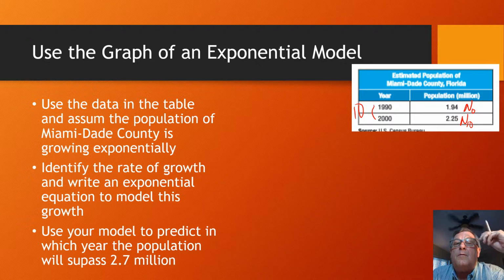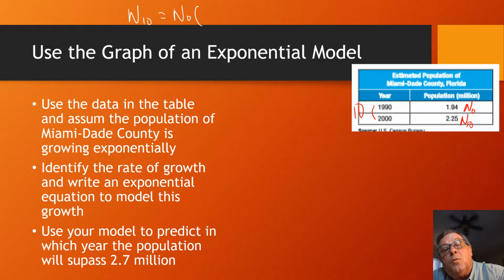And linking this back to the compound interest model, that could be A. So let's see, I have an equation that starts off with N10 equals N0 times 1 plus, what do I not know? I do not know the rate. And I've got time being 10.